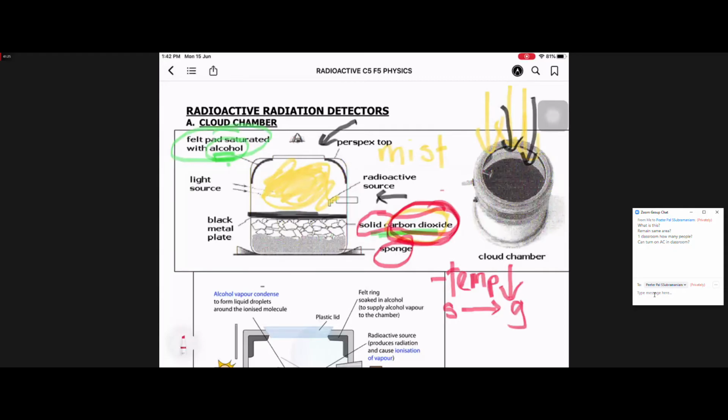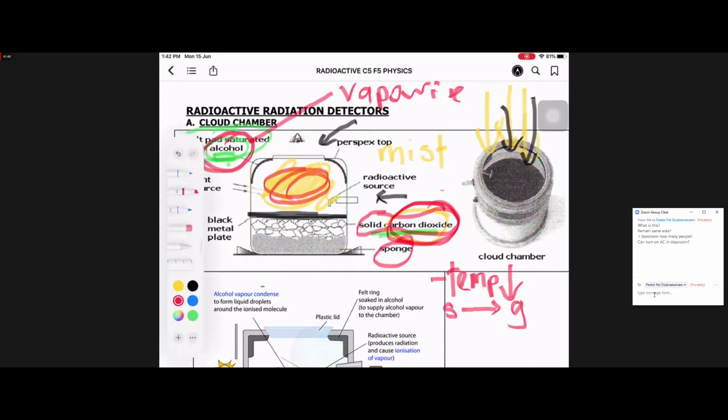So inside here, you have a lot of carbon dioxide and alcohol. Alcohol will vaporize. So what happens here is that inside, you will get a thick white mist. If you watch some YouTube videos, they shine a certain green light inside, just to make refraction so you can observe the thick mist inside.